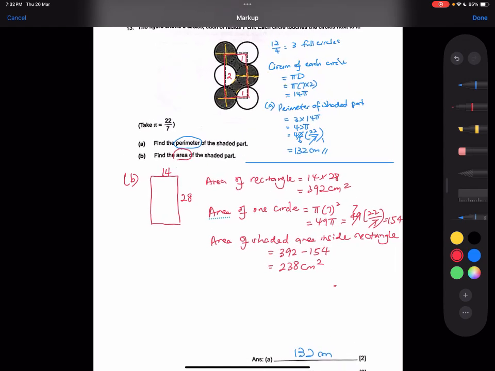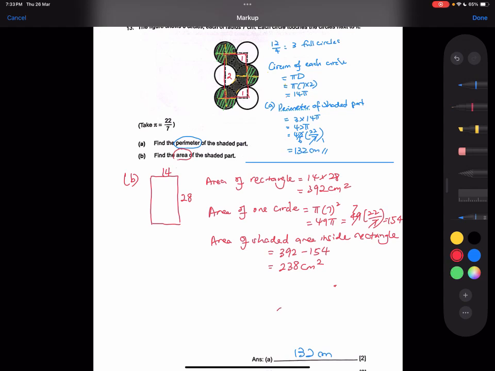Now we have to add the shaded area that's outside the rectangle, which are these parts here. 1/4, 2/4, 3/4, 4/4, 5/4, 6/4, 7/4, 8/4. Alright, 8/4 will make 2 full circles.